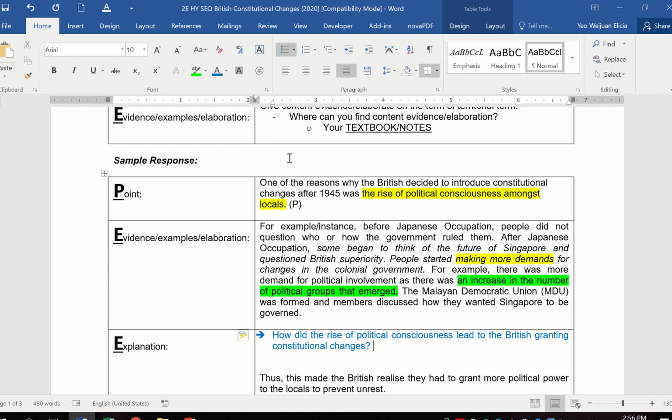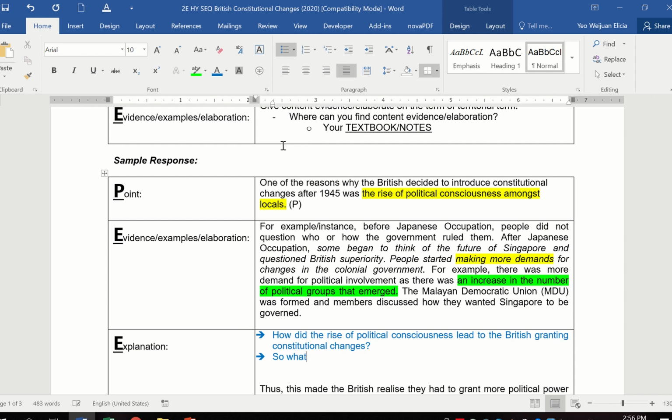Always think about so what. If you can answer the so what part, that is explanation. So let's recap. As part of explanation, we are thinking about how did the rise of political consciousness lead to the British granting constitutional changes.